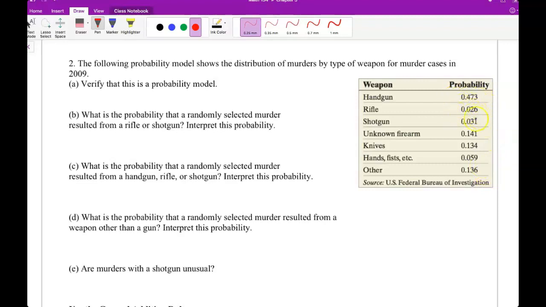Obviously, each one of these numbers is between 0 and 1. And if you add these, the answer will be equal to 1. So adding all these numbers, we have 1. So the answer is yes.